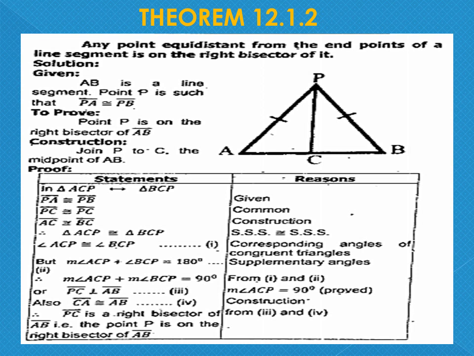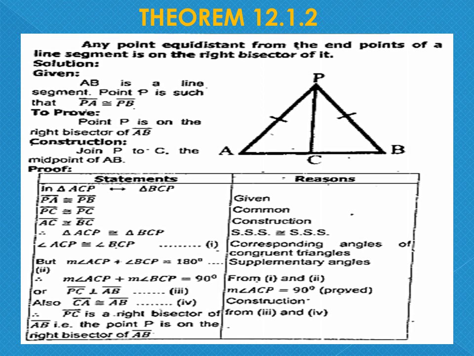I also told you we should take help from the given and the construction. These things help us to solve a theorem. So here PA is congruent to PB because it was given to us.